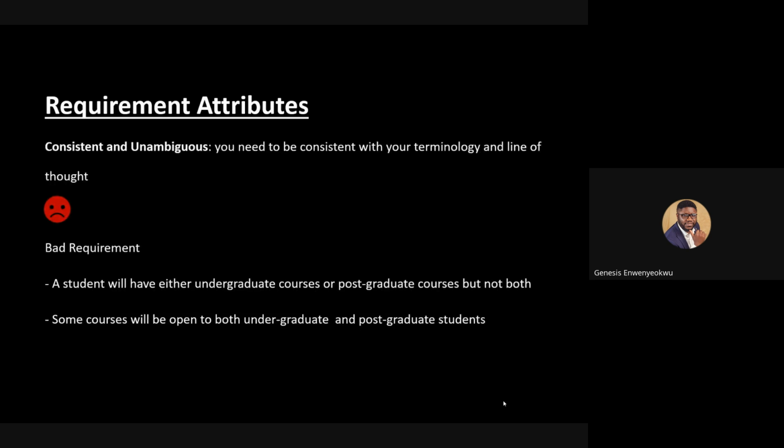Then another attribute is that our requirement needs to be consistent and unambiguous. Consistent, both in terminology and in the context or background we are trying to communicate. Look at the example of a bad requirement that says a student will have either undergraduate courses or postgraduate courses, but the student cannot have both.